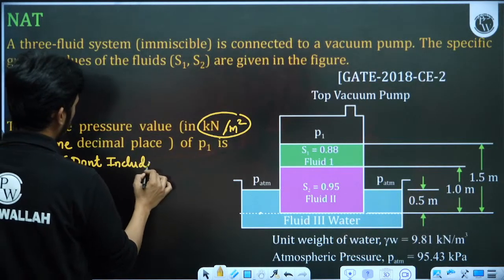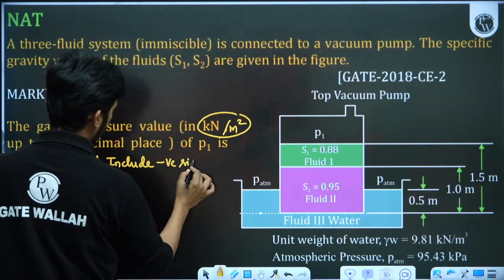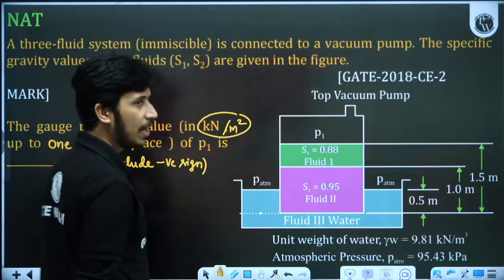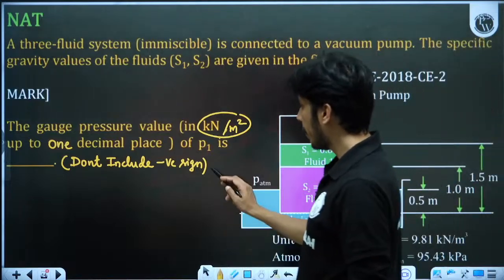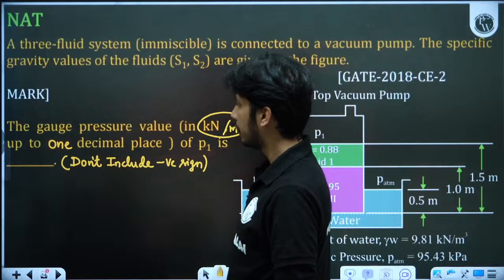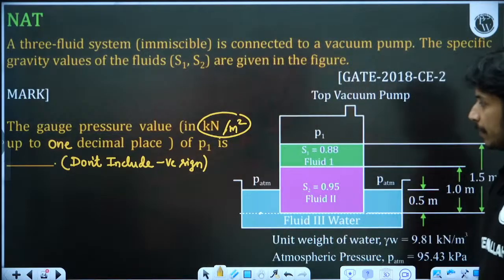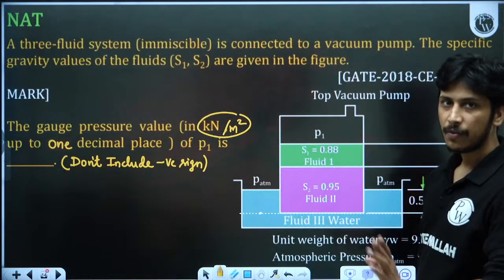Because I don't know whether it will take in the negative sign or not. But in GATE exam you can give the answer in minus. If it is coming out to be in minus, you can give in minus. If it is coming out to be in plus, you have to give the answer in plus. Okay, in GATE you can give, but here don't give in negative sign, give in only positive sign, whether it is coming out to be negative or positive.